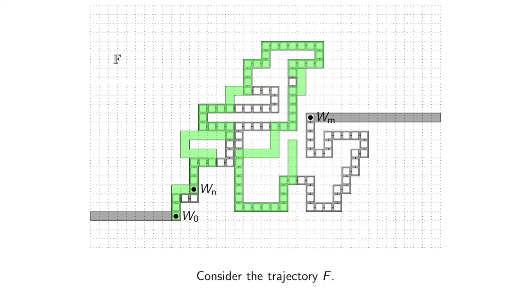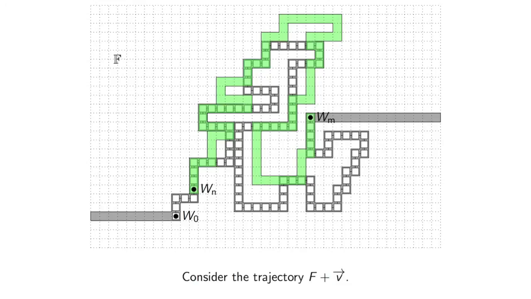Now we explain how to assemble a path assembly whose underlying path is the trajectory. Consider the trajectory f. Consider the translation of the trajectory f by the vector v. Consider the translation of the arc A1 by the vector v. This translated arc is a segment of the window which starts at position Wn.